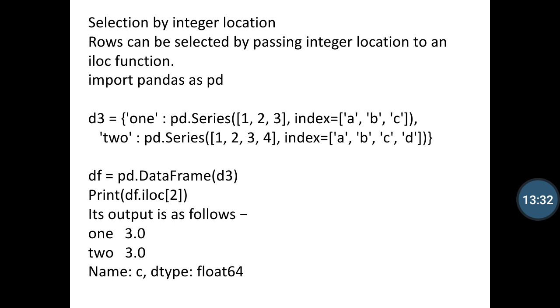Then df is equal to pd.DataFrame, put the variable d3 and then print df.iloc[2], and you can notice that the value at that position for 1 is 3 and for 2 is 3, the name is c and the data type is float64.